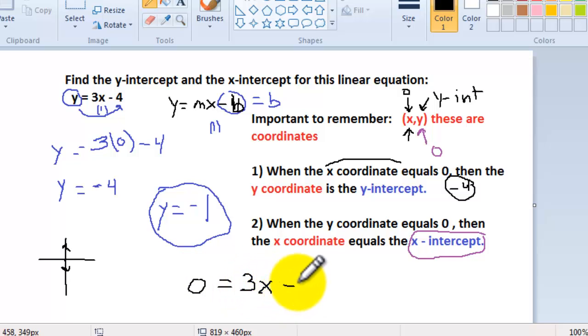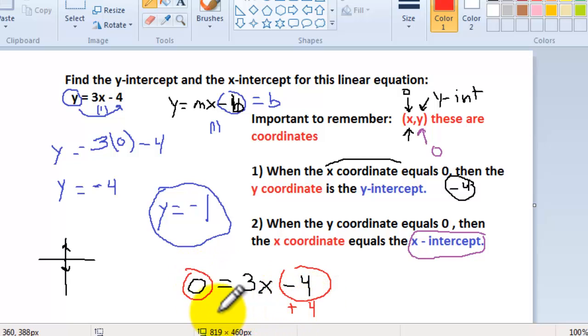So I'm replacing this y with a 0. And where the y-coordinate is 0, the x will be the x-intercept. So let's solve. First, we do our algebra. We do not mess with this. We instead take this term, which is similar to this term because they're both just numbers, and we do the opposite function.